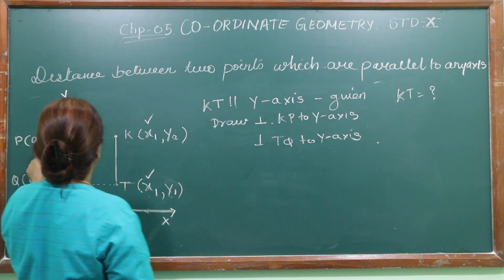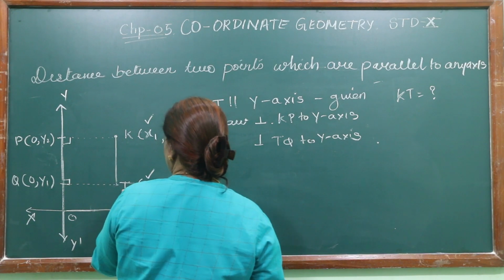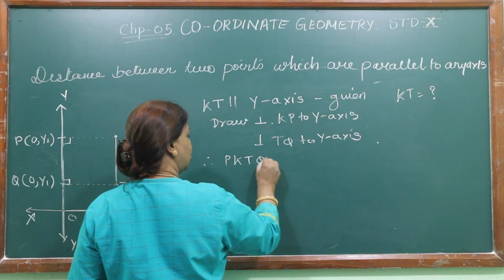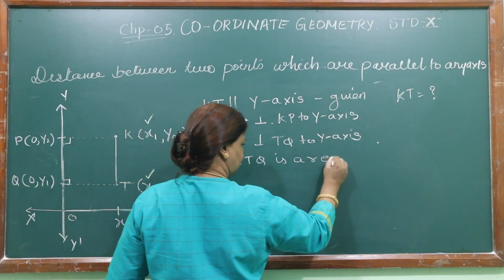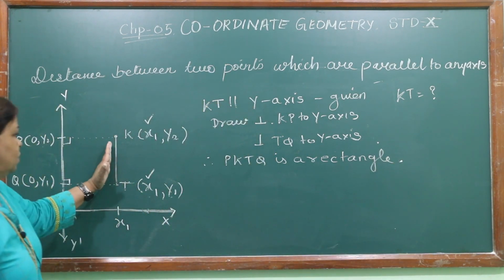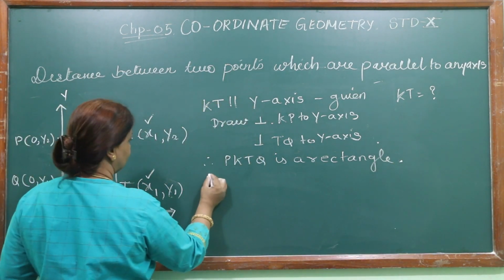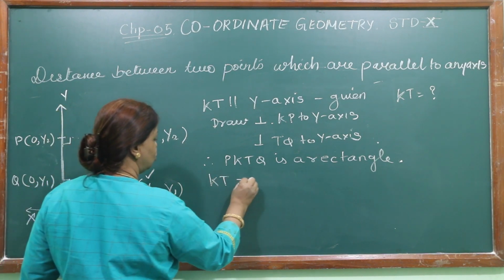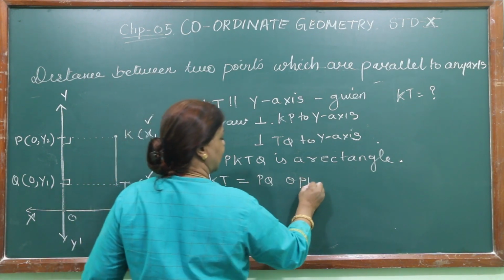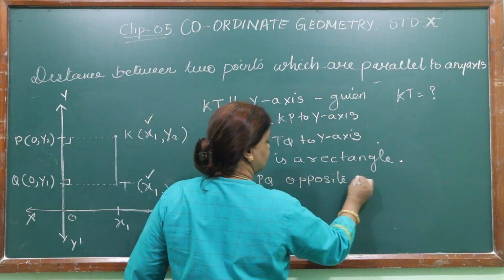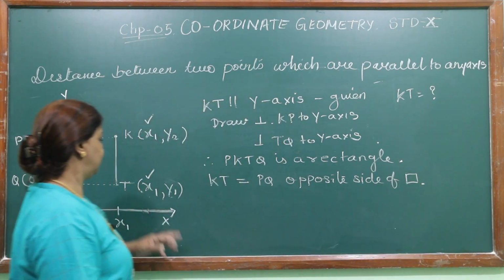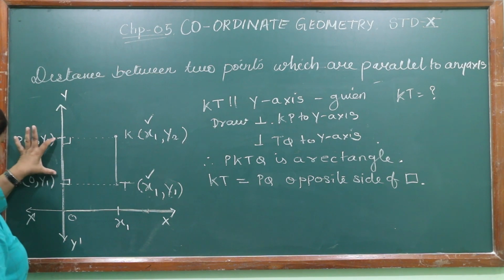Therefore, P, K, T, Q is a rectangle. Now, if it is a rectangle, KT is going to be equal to PQ. Opposite sides of rectangle are congruent. So let us find PQ.